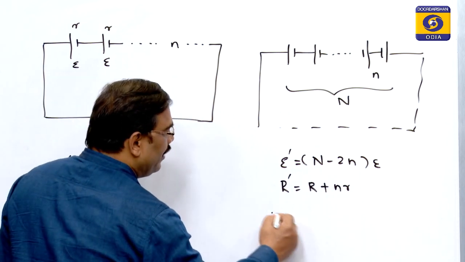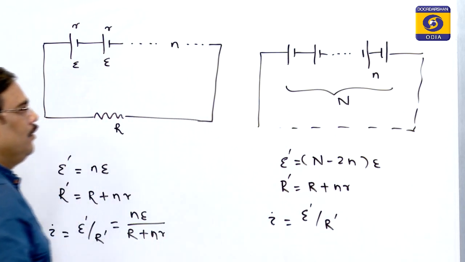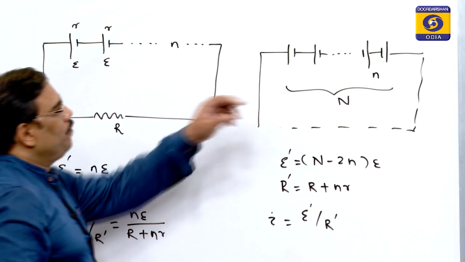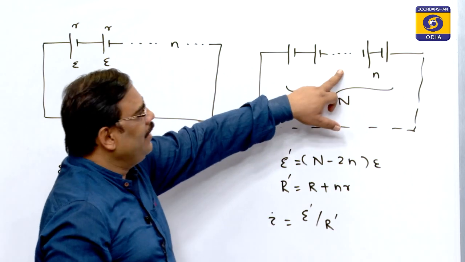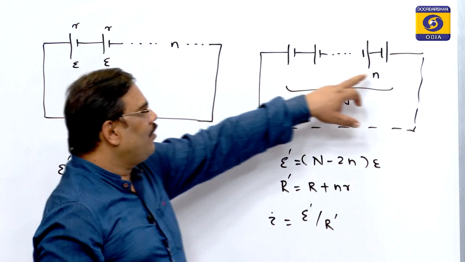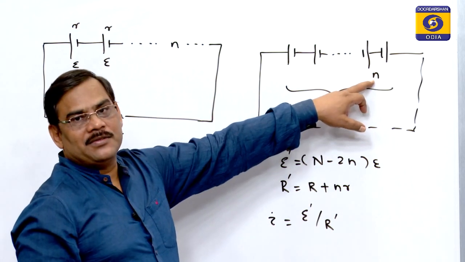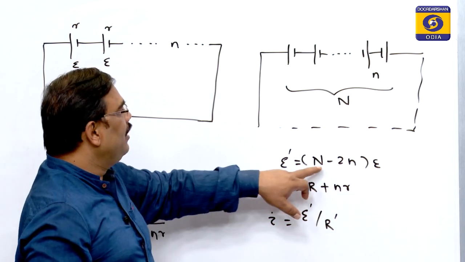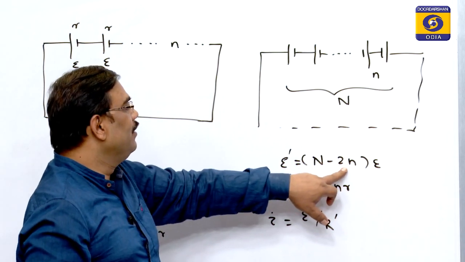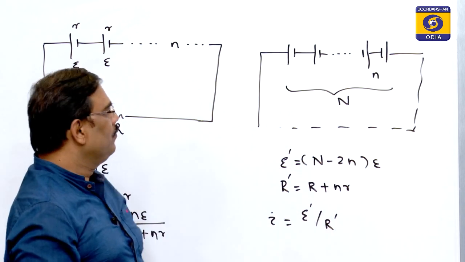So, my current will be E dash divided by R dash. Categorically, the number of cells which are wrongly connected will counter an equal number of cells, and therefore the effective EMF will be reduced by a factor of 2n.